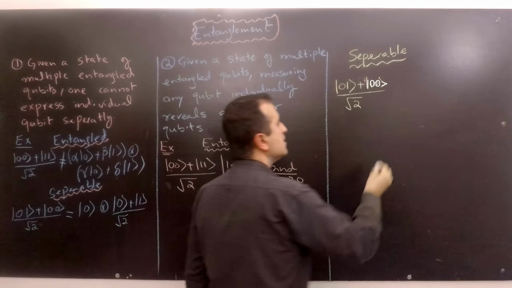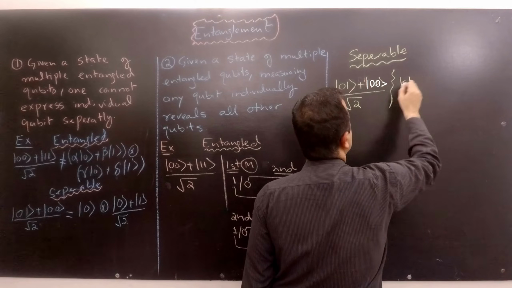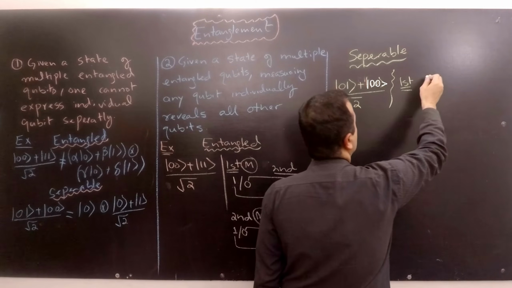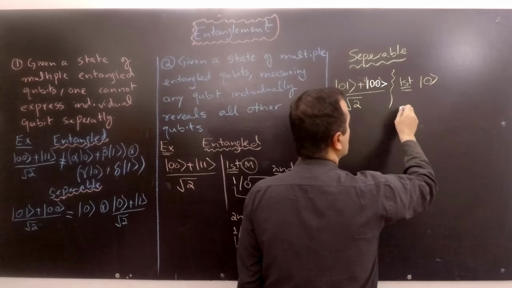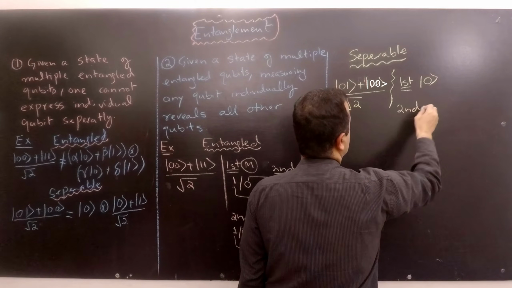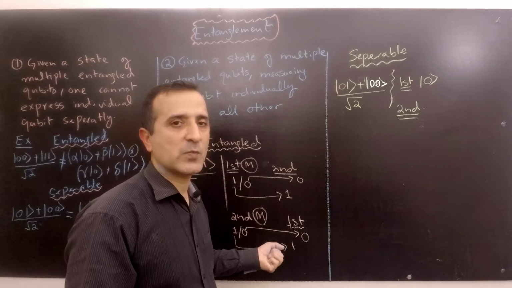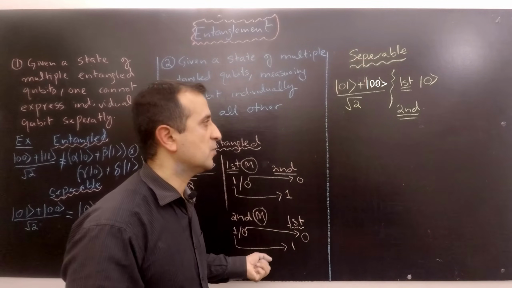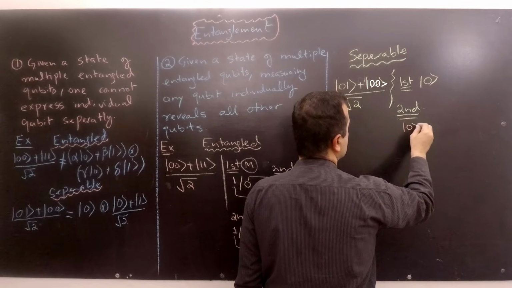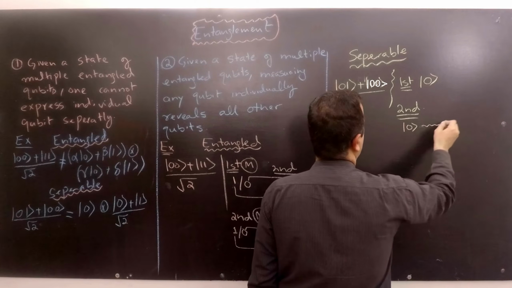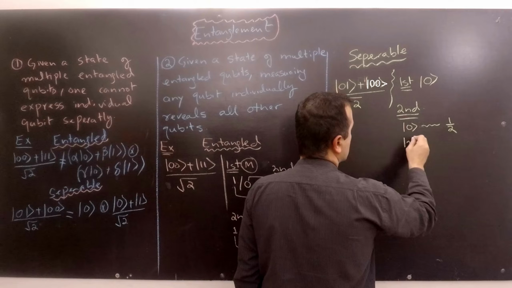If I measure the first qubit and it comes out to be 0, then the second qubit will still be in a state of superposition. Without measuring the second qubit, I cannot describe its state. The second qubit can be in a state of 0 with probability half, and in a state of 1 with probability half.